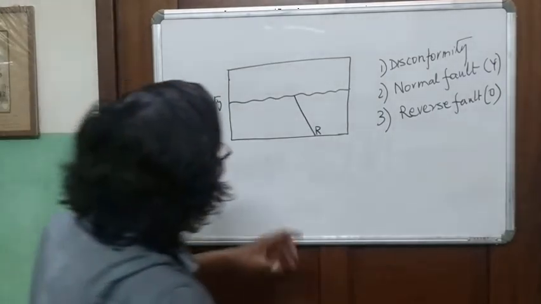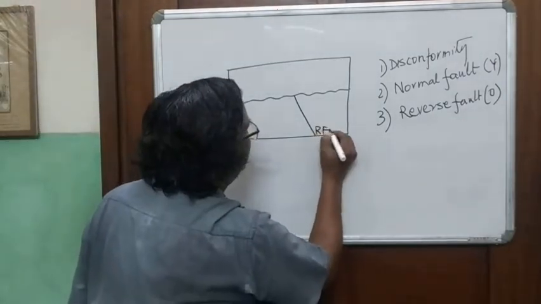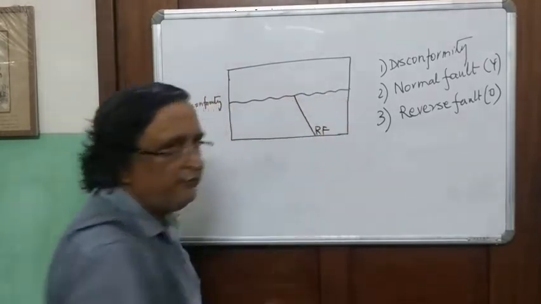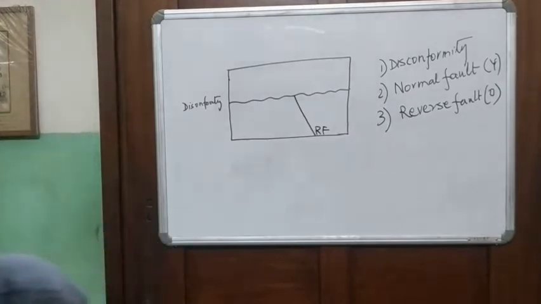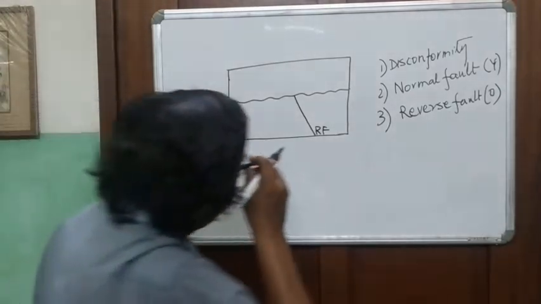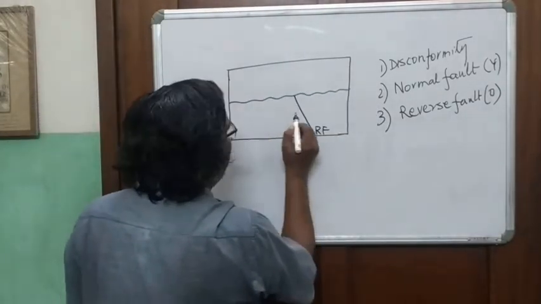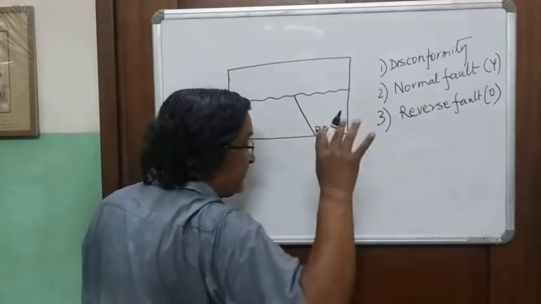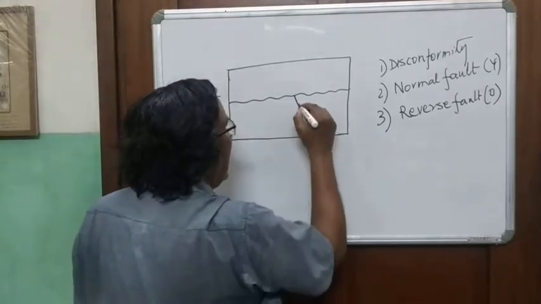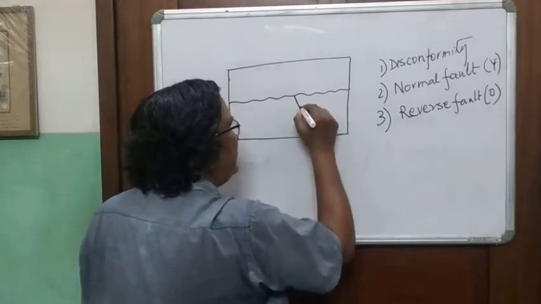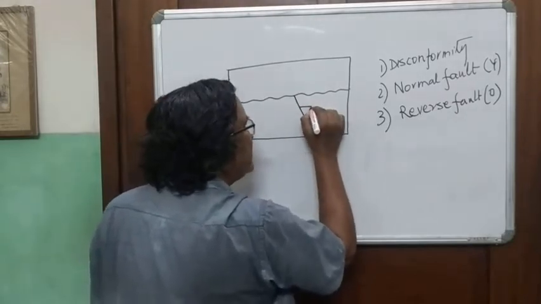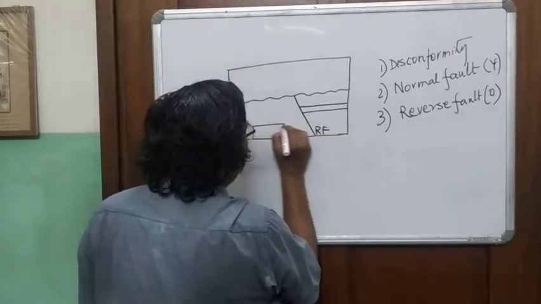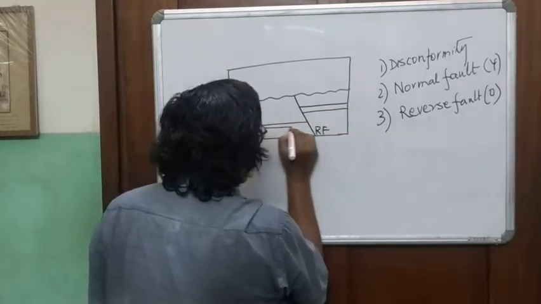See, the reverse fault here is terminated by the disconformity. That means there were sedimentary rocks here, which I have purposefully not drawn, and there is a reverse fault. Say this was a sedimentary layer, and it should be here now.